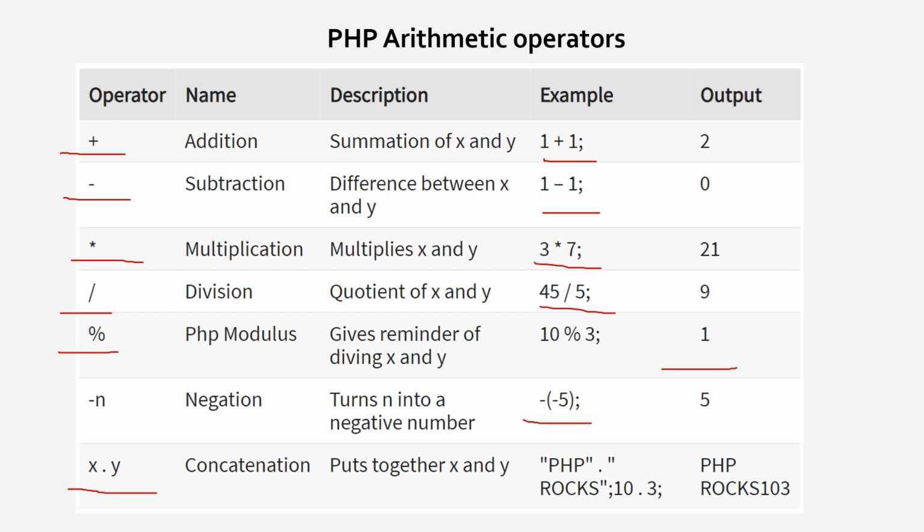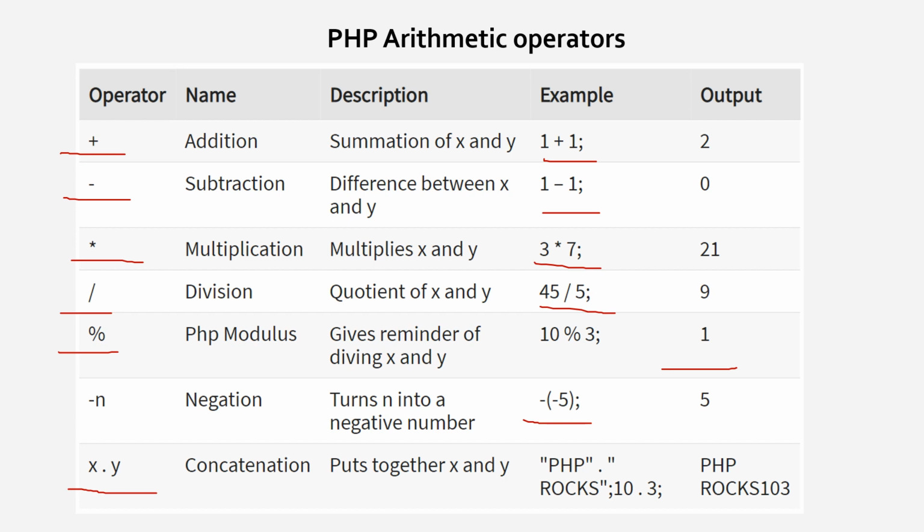Same thing, only examples here. For addition, these are the examples. Subtraction and all examples are there. Other things, negation is also there. Negation means the negative value of the given number, -5.